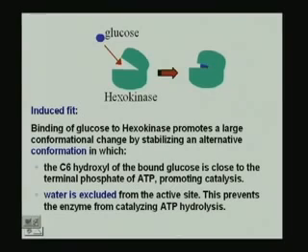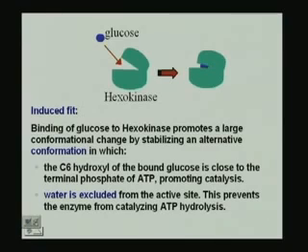It happens such that the binding of the glucose to this hexokinase promotes a conformational change in the enzyme, and it stabilizes a different conformation whereby the ATP is positioned in such a way that the terminal phosphate can be transferred to the substrate, that is glucose.